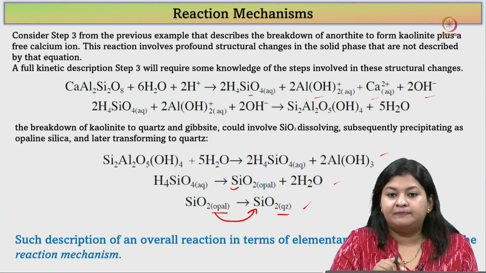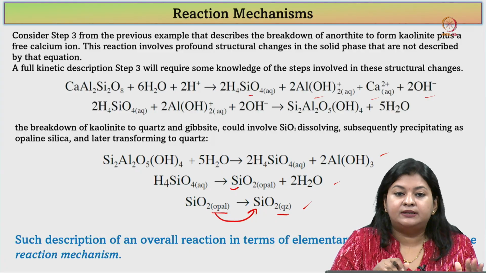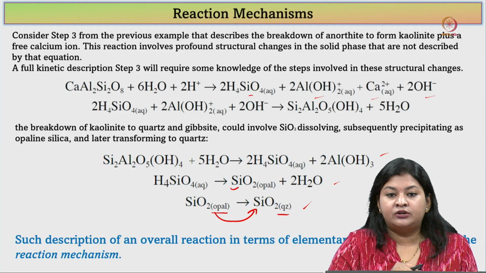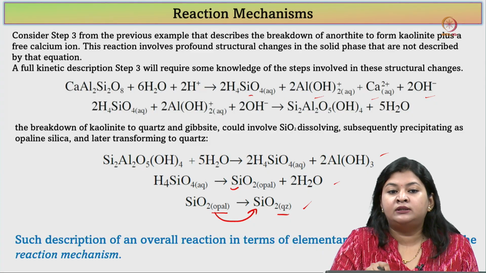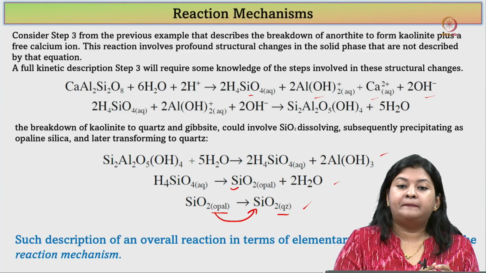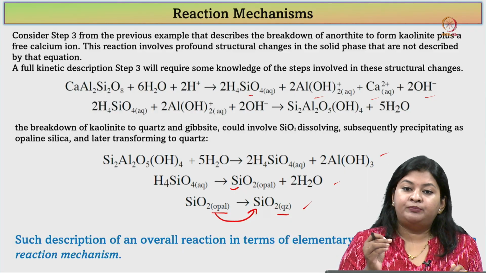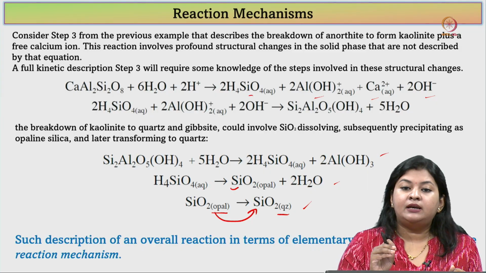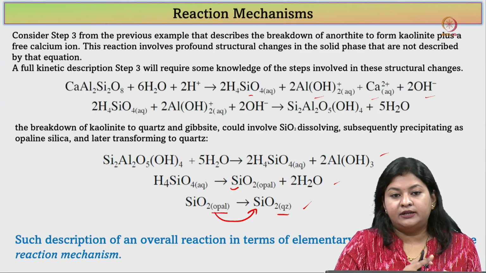The slowest step will be my rate determining step. Now, such a description of the overall reaction in terms of elementary reactions is called the reaction mechanism. So, we will give you a big reaction, but you have to break it down and write it in terms of elementary reactions to understand the reaction mechanism.